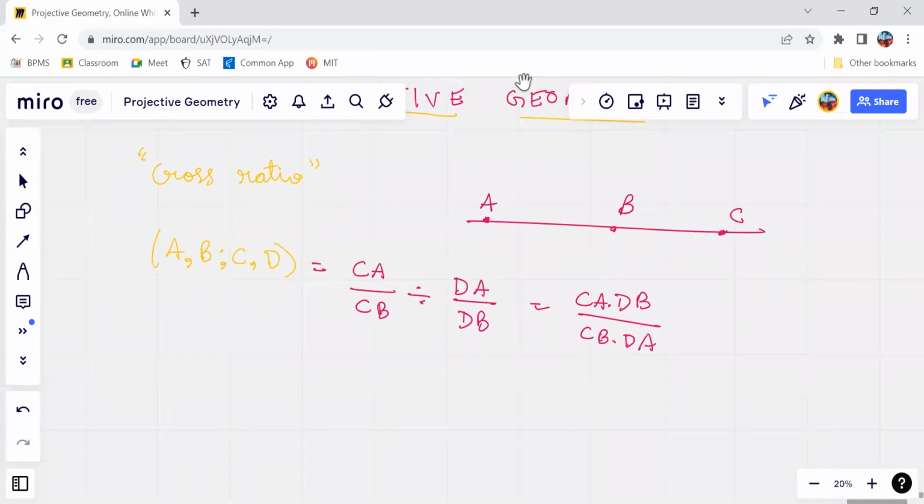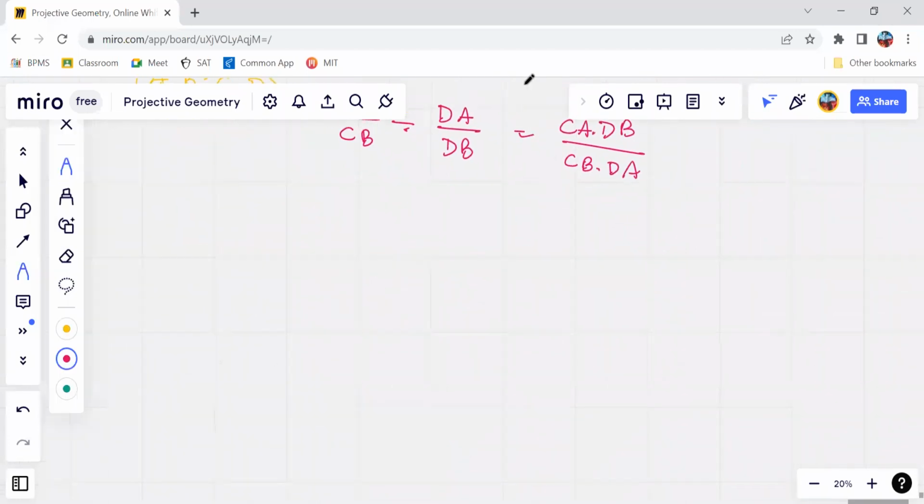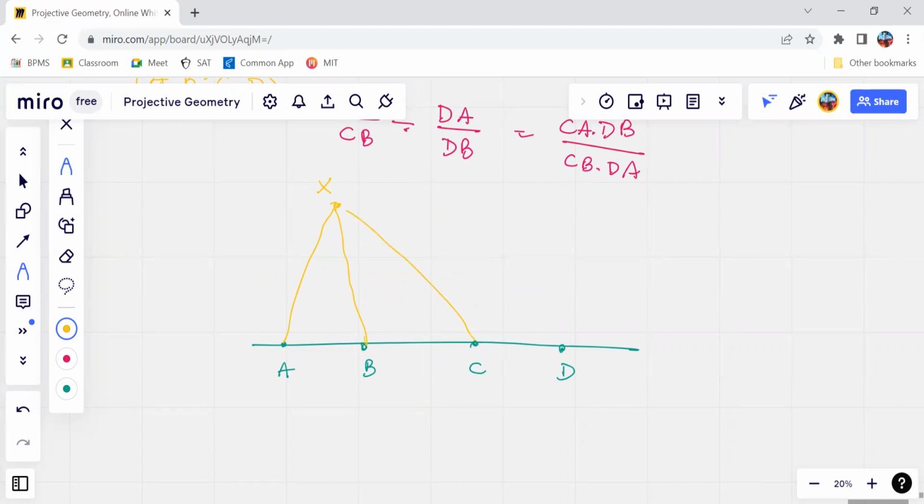And these things can be surprisingly helpful for the following reason. Suppose we pick 4 points on a line, A, B, C, and D. And let's just pick a random point, say X, because why not?